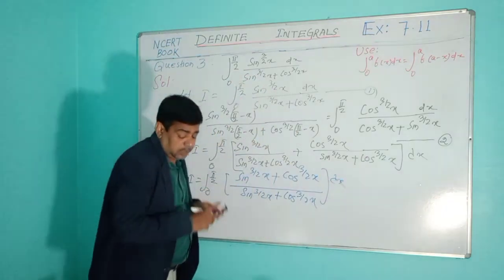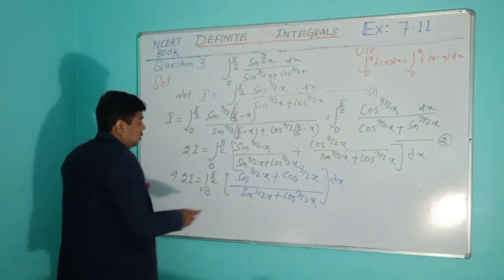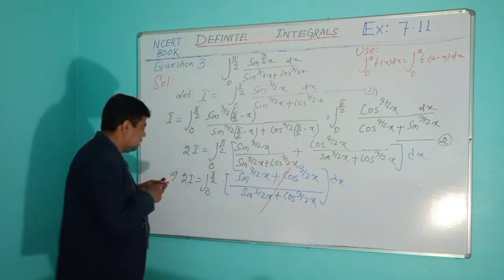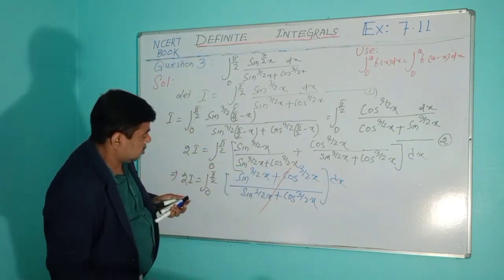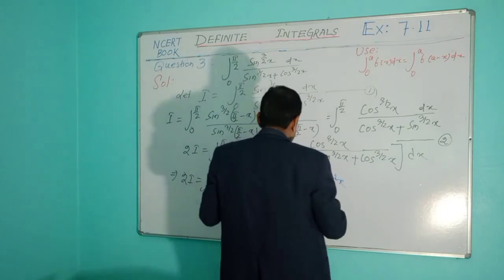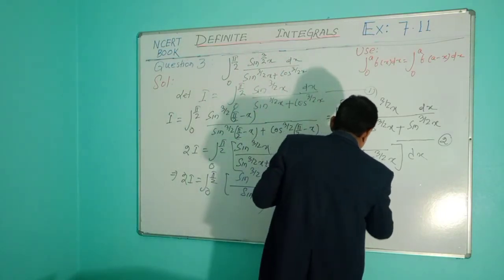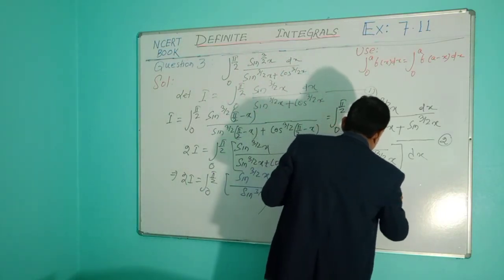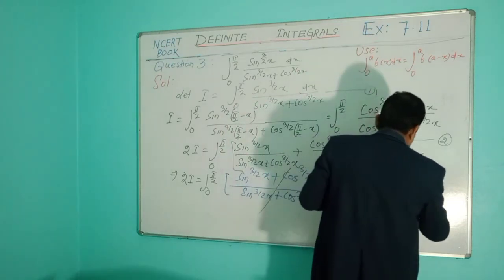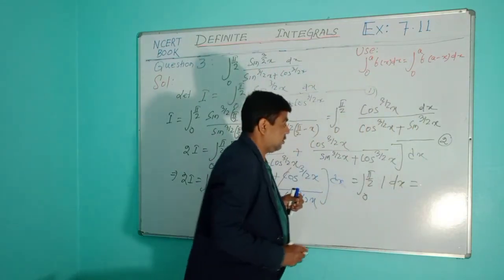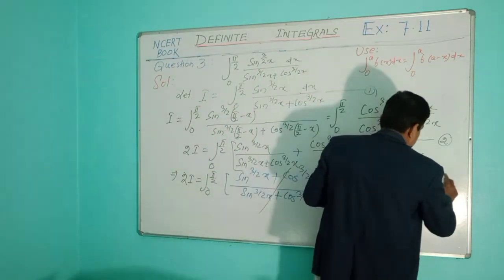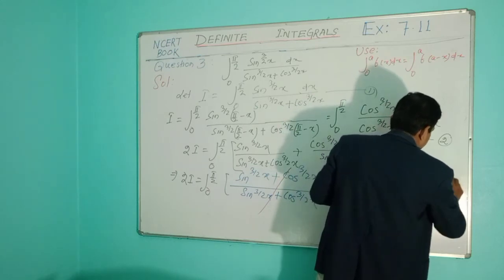Now you can clearly see the numerator and denominator are the same, so we can cancel, and after cancellation it will be the integration of 0 to pi by 2 of 1 into dx, which is x, from 0 to pi by 2.